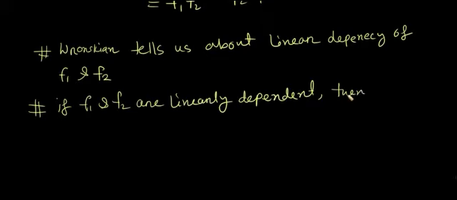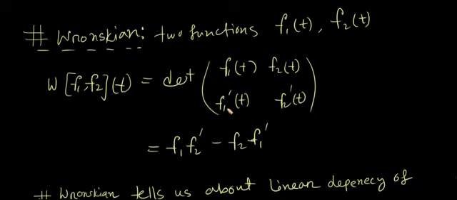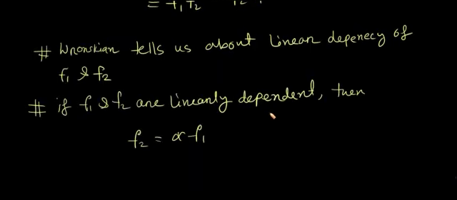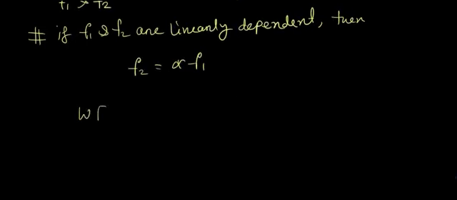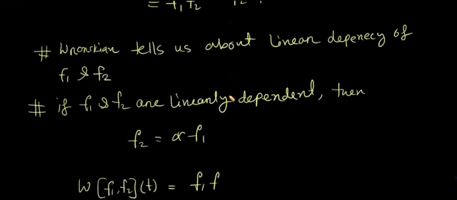then one of them can be written as a scalar multiple of the other, right? So let's say f2 will be some alpha f1, if they are linearly dependent. And now if you use this fact and compute the Wronskian, you can see that the Wronskian will be 0, because the Wronskian of f1 and f2 was in general f1 f2 prime minus f1 prime f2, right?